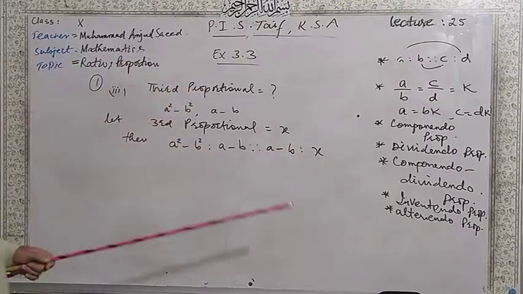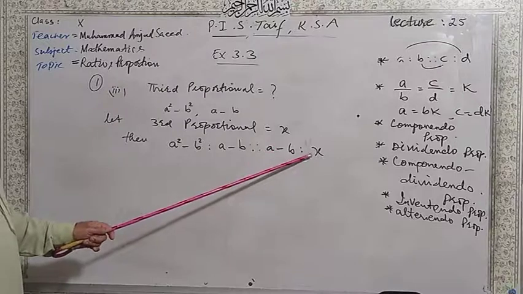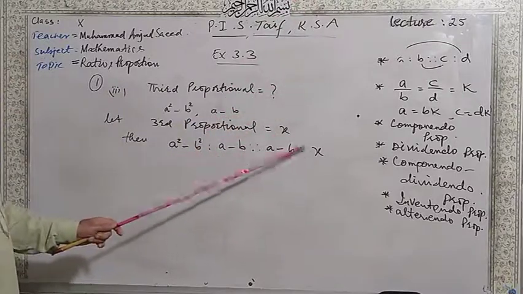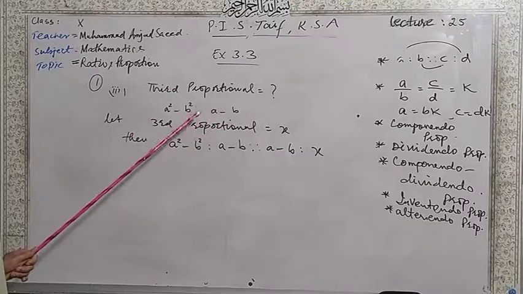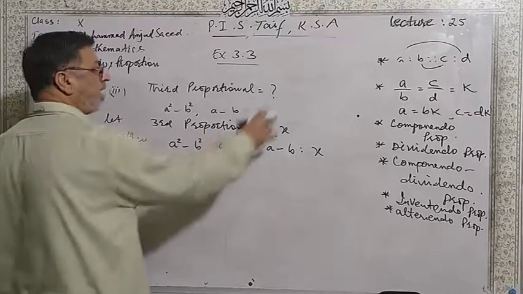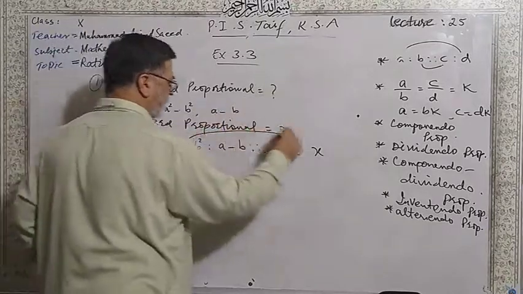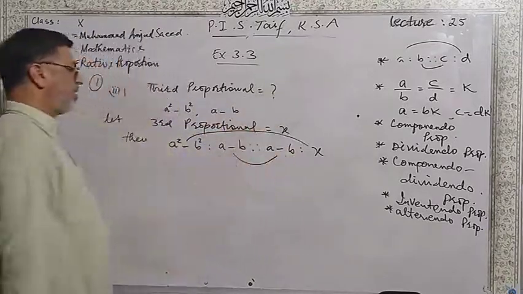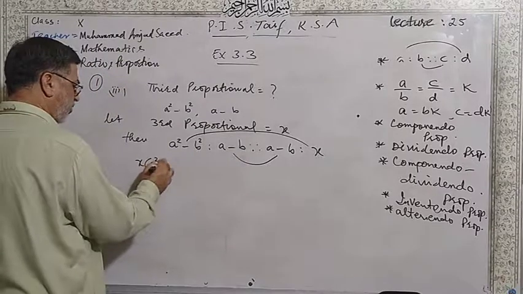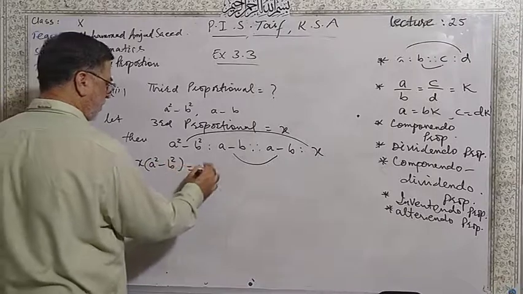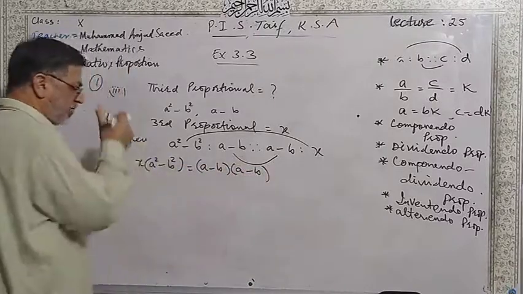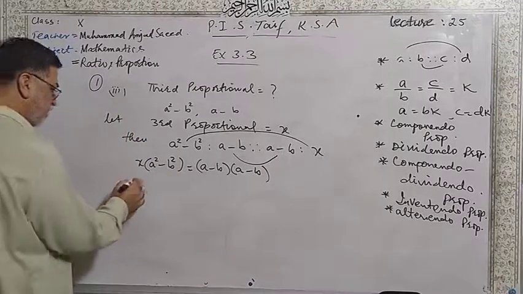Although this x is at the 4th position, this is the number which is third proportional and second member is repeated, to make it equality of two ratios. So product of extreme x into a square minus b square is equal to a minus b into a minus b. This is product of mean.